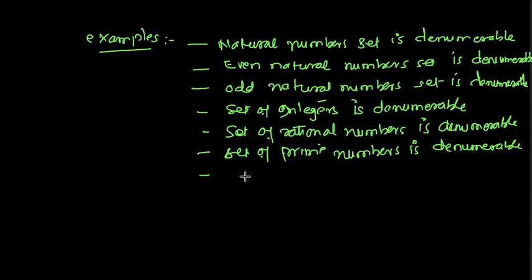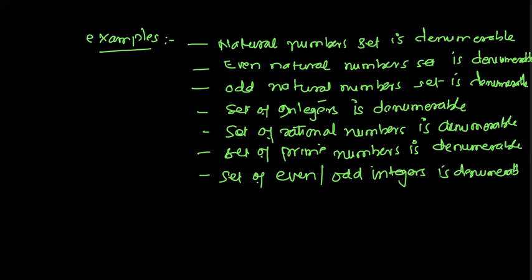Then the set of even or odd integers is denumerable. N cross N is a denumerable set.